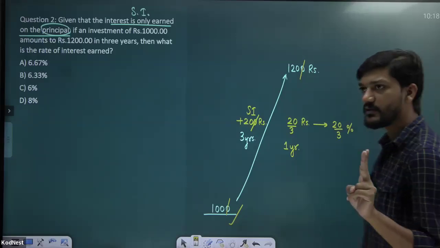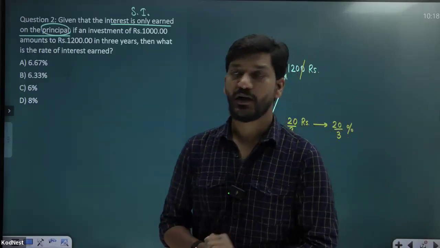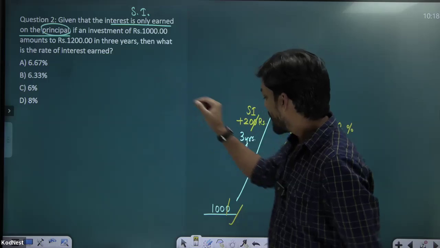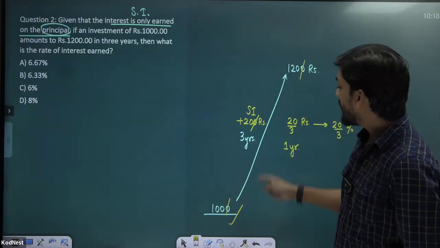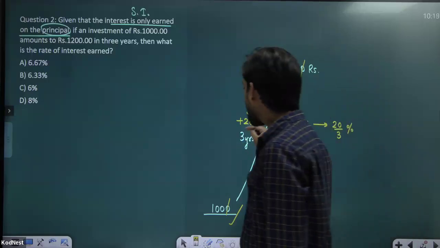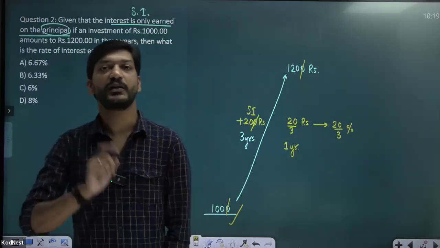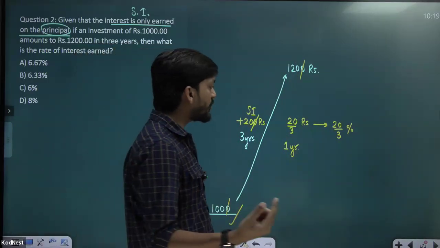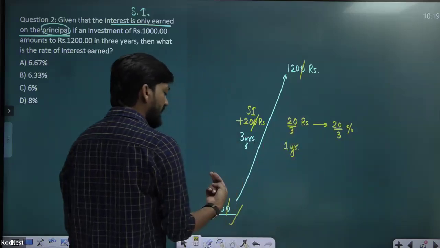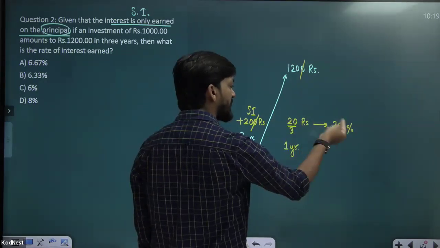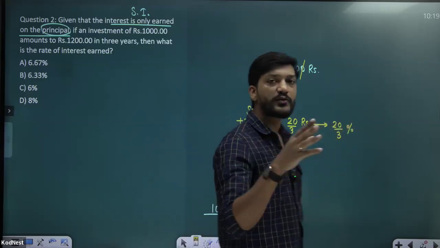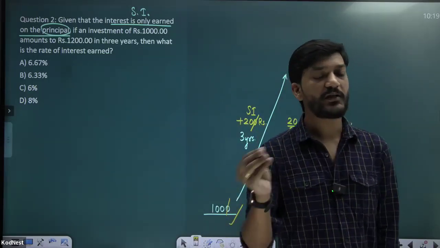So two conditions you have to satisfy if you have to calculate rate of interest. The first condition is principal must be 100 rupees and time must be 1 year, not 3 years, not 4 years. 1 year should be the time. And why so? Because if the base is 100, the actual value and percentage value will be the same, which we have understood: 10%, 10 rupees; 20%, 20 rupees.